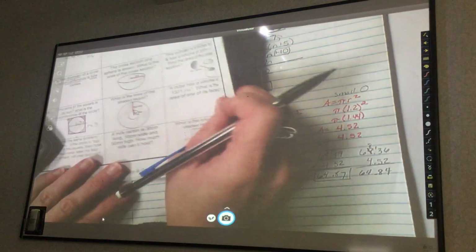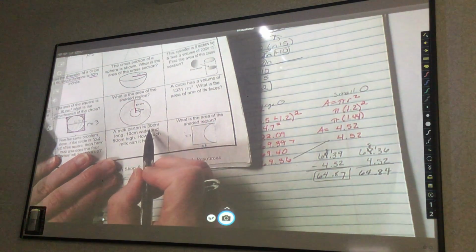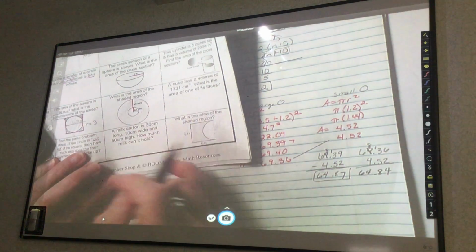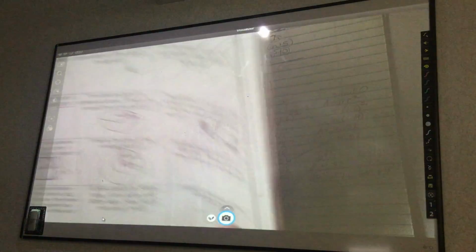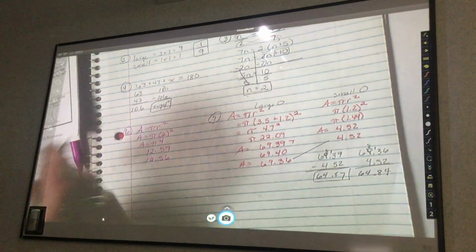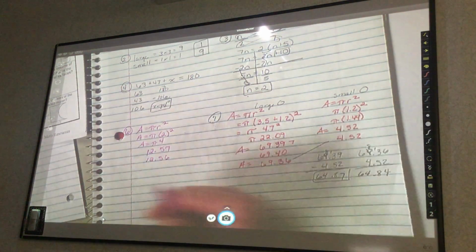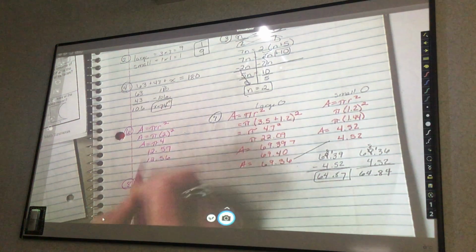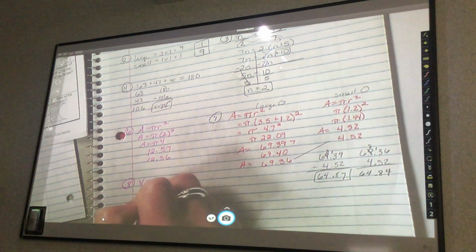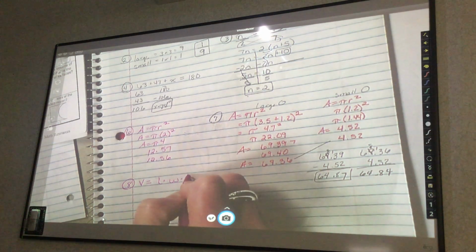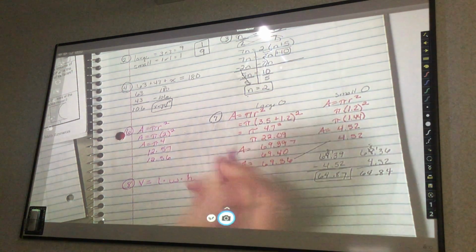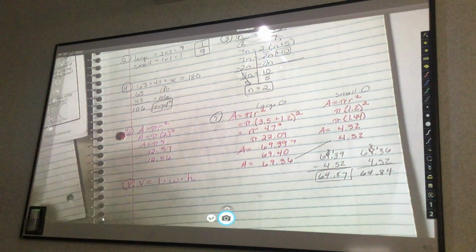Number 8, a milk carton is 30 centimeters long, 10 centimeters wide, and 50 centimeters high. How much milk can it hold? What are we finding? Say that again. Volume. So I want you guys to all put volume equals length times width times height. And then we just fill in our information.